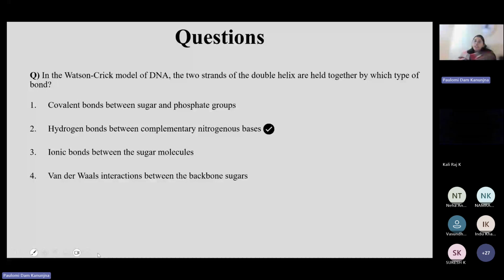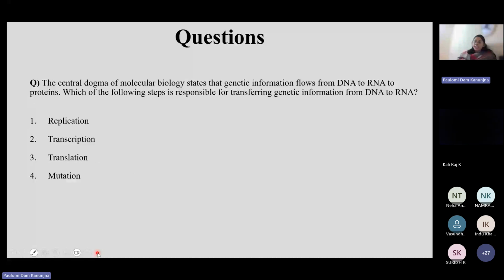The central dogma of molecular biology states that genetic information flows from DNA to RNA. Which of the following steps is responsible for transferring information from DNA to RNA? In the central dogma, which step refers to this part? So there is replication, there is something else, transcription, translation.